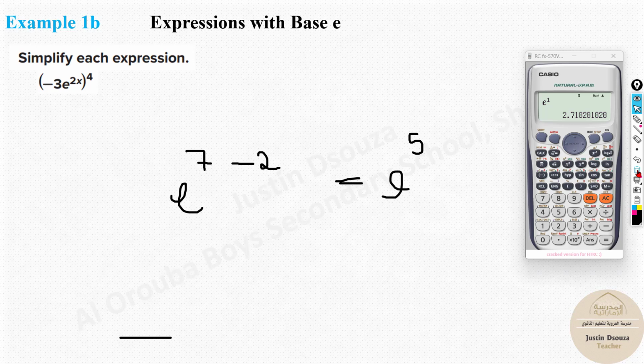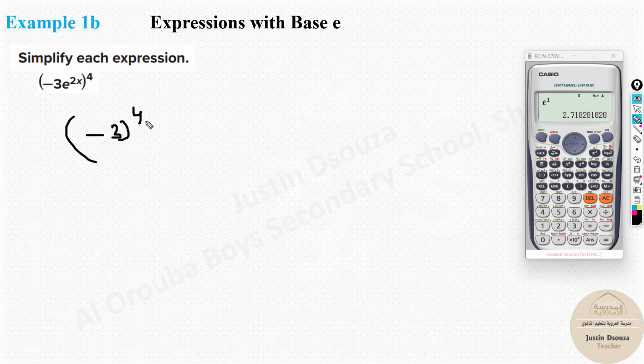Now here you need to square, so you're multiplying the powers. If it's just a number, like minus 3, you need to take the power 4. Whereas if it's already having a power, then make sure you multiply both. 2 times 4 will be 8x. Now negative 3 to the power 4 is not the same as 3 to the power 4 in general.